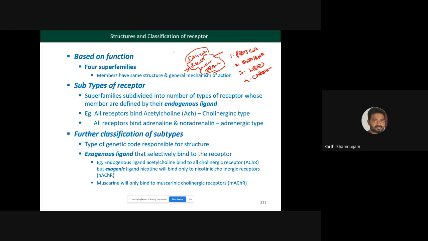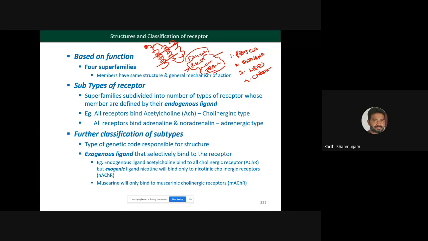The main function of receptors: these receptors are embedded in the membrane. If this is the lipid bilayer, these receptors are embedded in the membrane. Since this is present on the surface of the cell, the messenger molecule present outside the cell will come and bind to the binding site in the extracellular region of the receptor, and this messenger carries some message, and that message will be transferred, right?